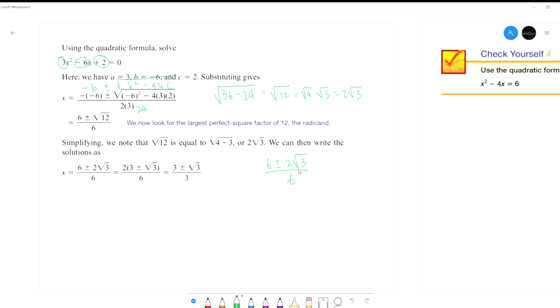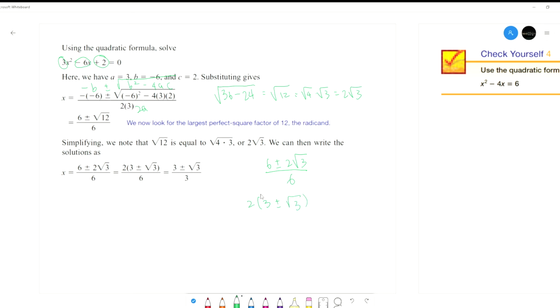Okay, you see now, once you simplify the radical 12, you can see that in the numerator there's a common factor of 2. So I'm going to factor that out from both terms. So 6 divided by 2 is 3, plus or minus 2 root 3 divided by 2 is radical 3. See that?